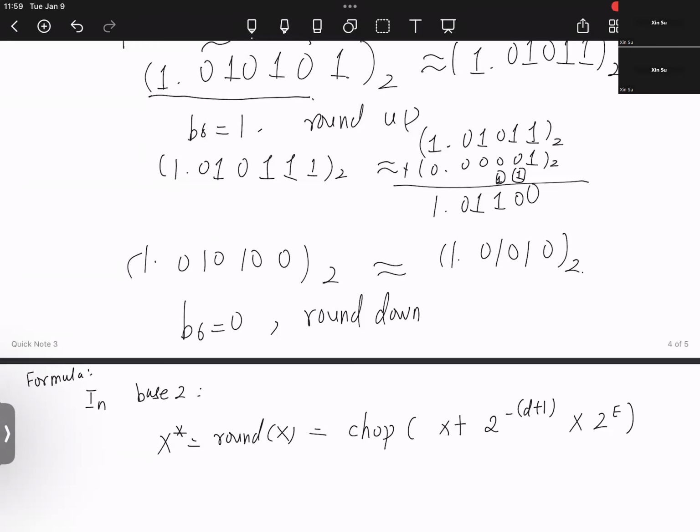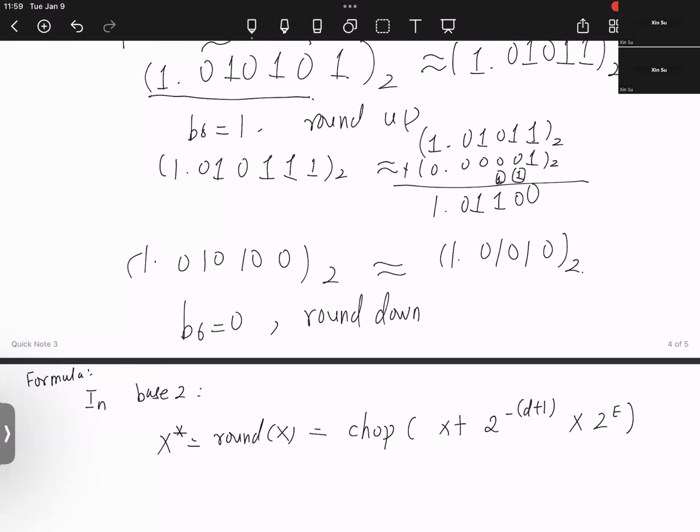And in practice, we can do it in this way, or you can use the formula and we just add these numbers to the original numbers and then chop the places, chop to the decimal places you want. So for example, if we have this number, and we already simplified the example here, we take e to be 0.